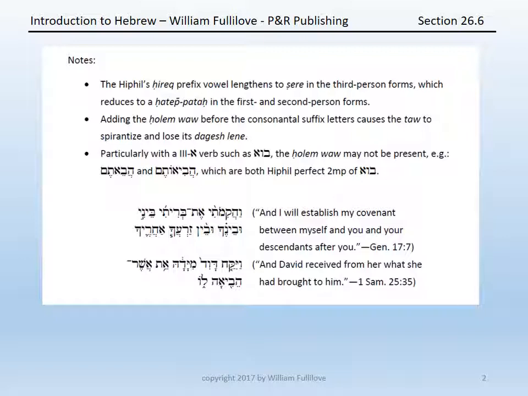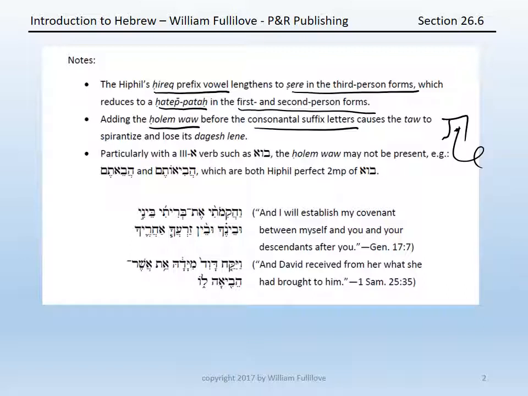Three notes. First, this Hireq prefix vowel lengthens to tsere in the third person forms. That will reduce to a hatef patach in the first and second person forms. Second, as we just mentioned, adding the Holam Vav before the consonantal suffix will cause the tav to spirantize, meaning that it can no longer have the dagesh lene inside the letter.